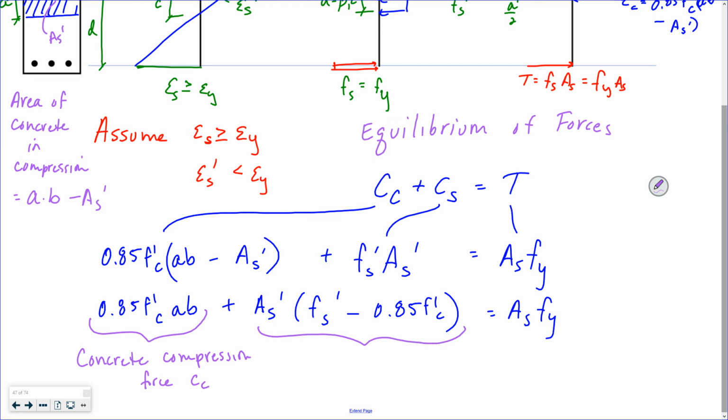And this is your corrected steel compression force, C_s. Just a little bit of rearranging, and there's a reason for it.